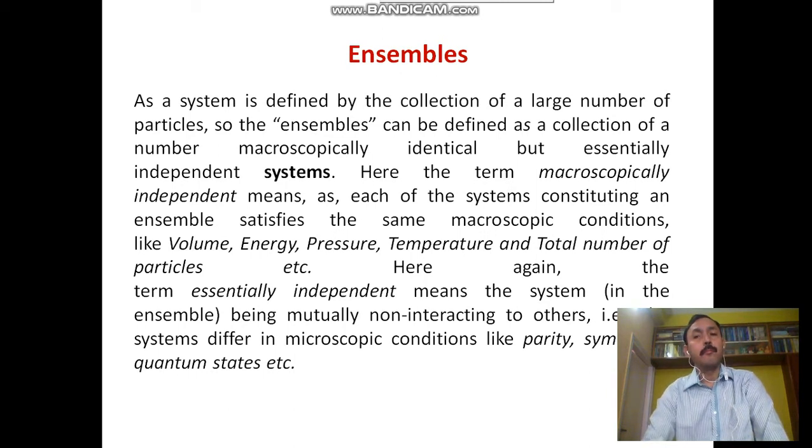Here, macroscopically identical means each of the systems constituting an ensemble satisfies the same macroscopic conditions: same volume, same energy, same pressure, same temperature and same total number of particles N. Essentially independent means the systems in the ensemble are mutually non-interacting.